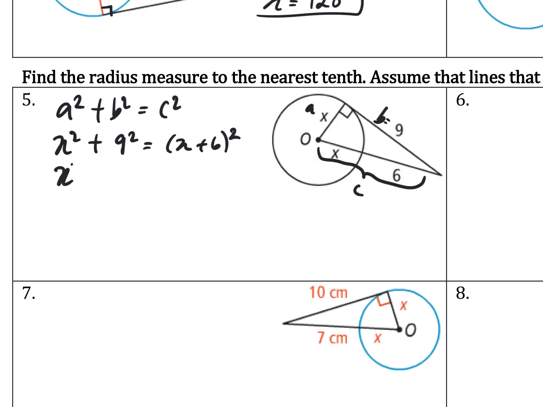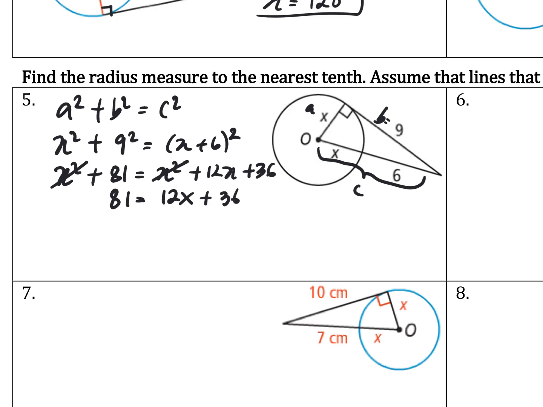So this is going to give you x squared plus 81 is equal to x squared plus 12x plus 36. So we can now cancel x squared there. What is left here is 81 is equal to 12x plus 36.